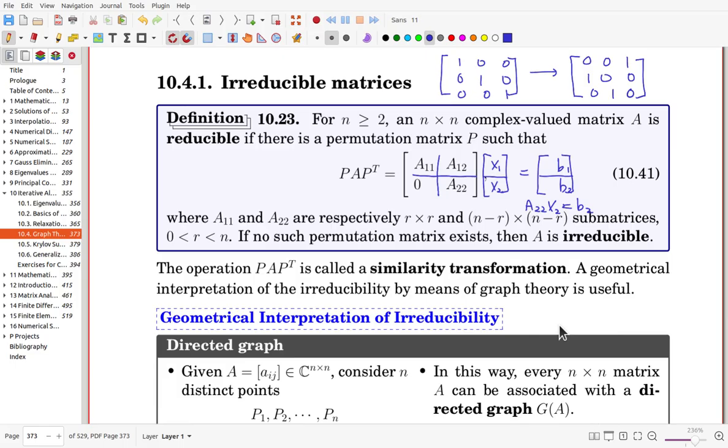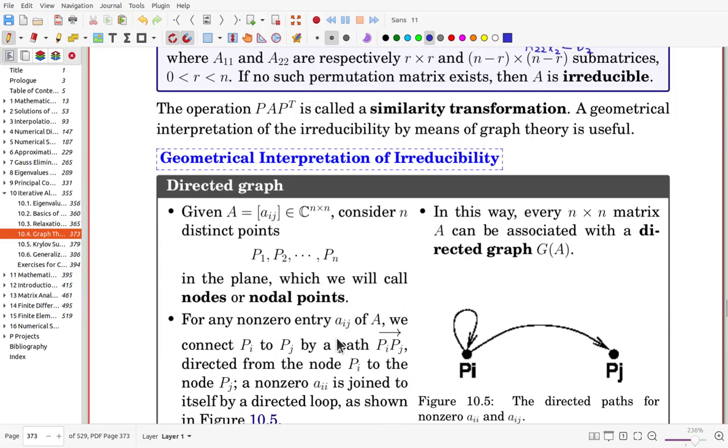A geometric interpretation of irreducibility by means of graph theory is quite useful. So let's begin the geometric interpretation of irreducibility. Here we have the definition of a directed graph.